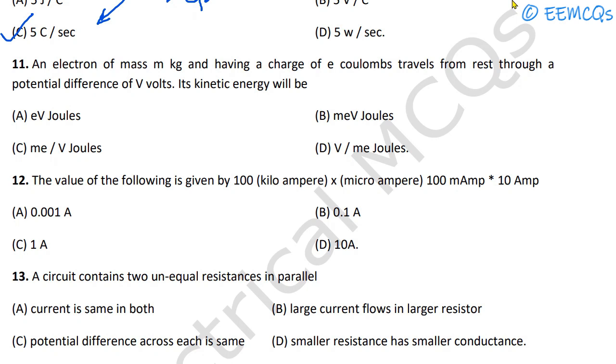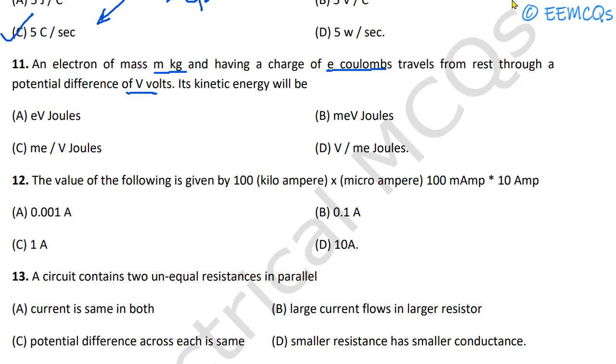Okay. In question number 11, what has been asked? An electron of mass m kg and having a charge of E coulombs travels from rest through a potential difference of V volts. Its kinetic energy. Definitely if the speed or the velocity was known, then it would have been half mv square as an expression.